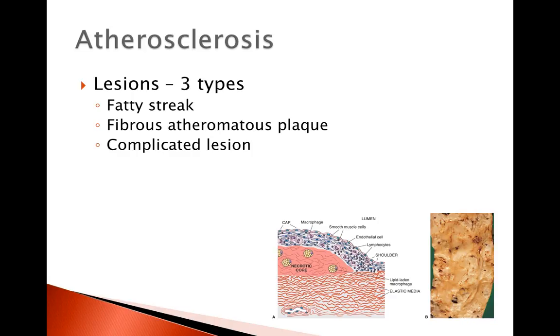And then the complicated lesion is where that plaque buildup was. Here my pictures show plaque buildup, and this is the deformation of a complicated lesion, where you've got proliferation of smooth muscle, and you've got damage forming in the vessel where bleeding can occur.